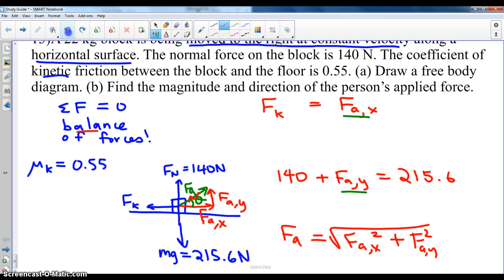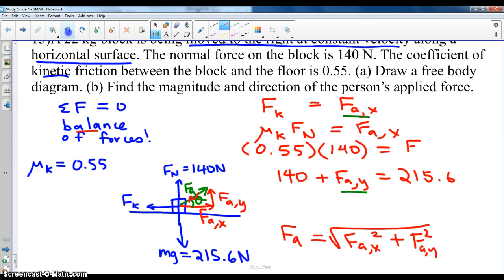So how are we going to find Fax? Oh yeah, Fk is mu times Fn. Like that. Mu is 0.55. The normal force is 140. And that's how we find Fax. So 0.55 times 140.